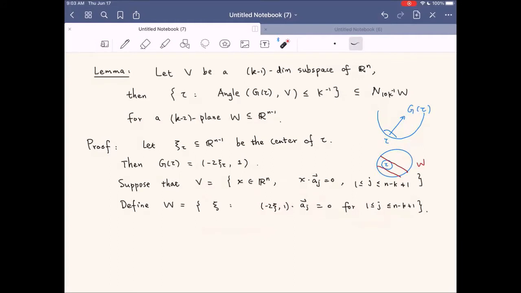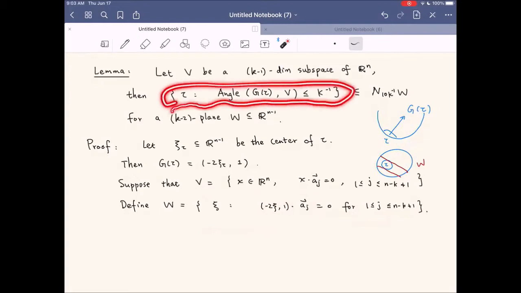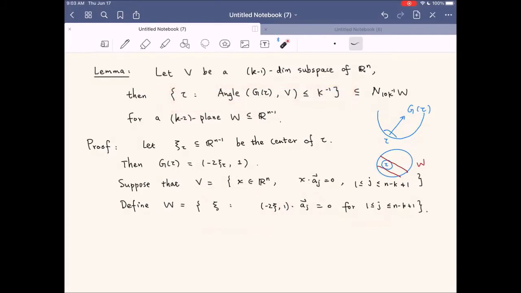So this is just a simple geometric calculation. Whenever we discuss some condition like this, what we should have in mind is a k-2 plane in the n-1 dimensional space, and then the tau lies within it.